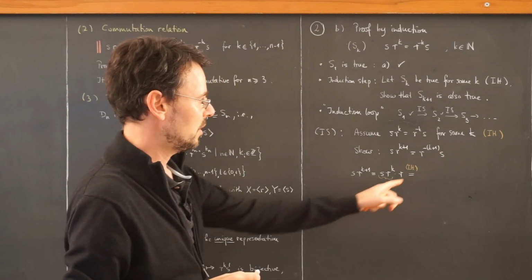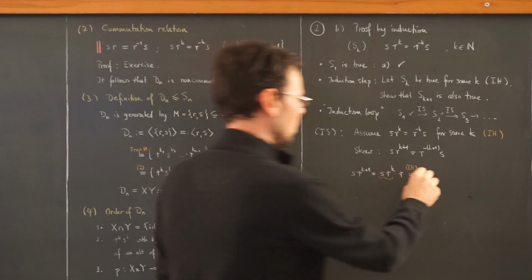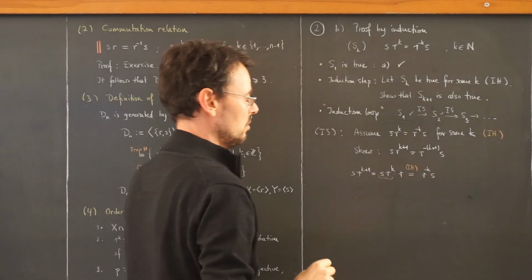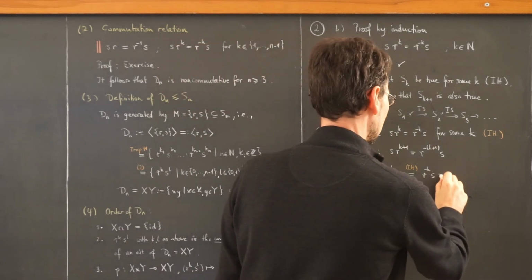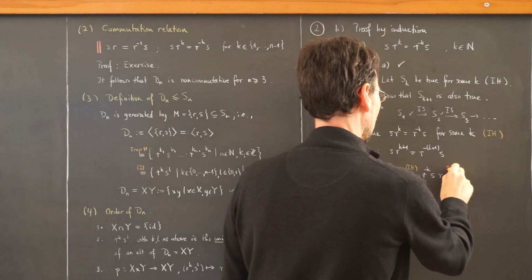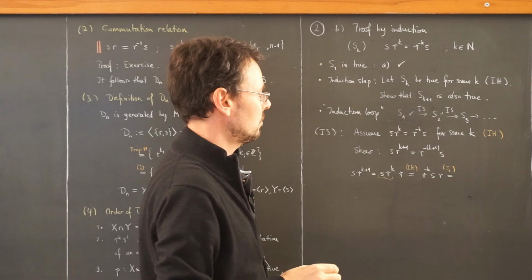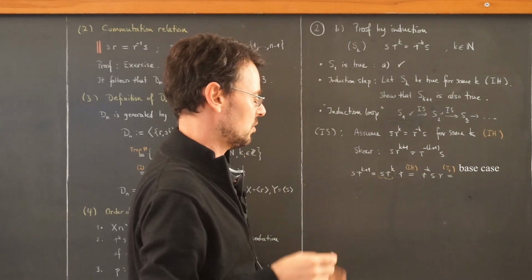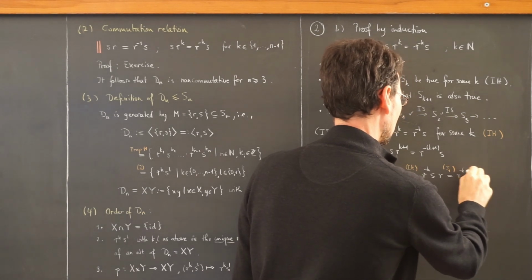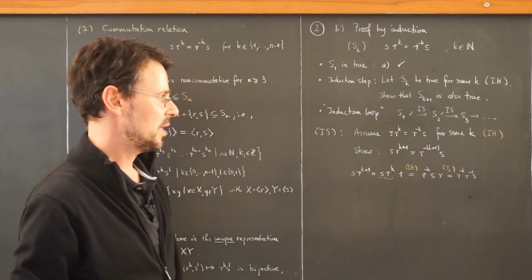And now, by the inductive hypothesis, we can switch the order if we use the minus sign here. So this is r to the minus k times s times r. But then by our inductive beginning, induction start, sr is the same as r to the minus 1 s.